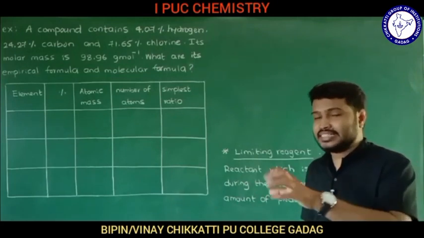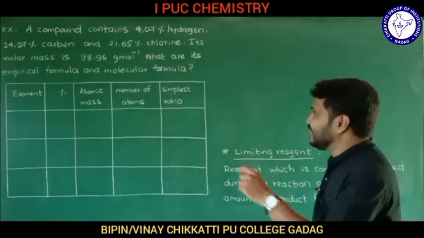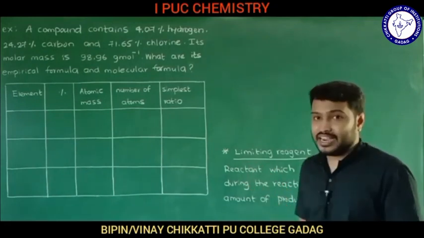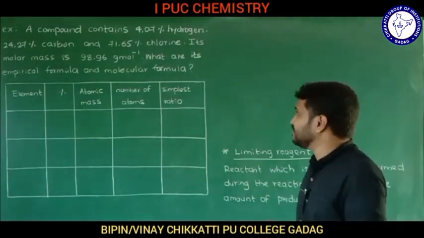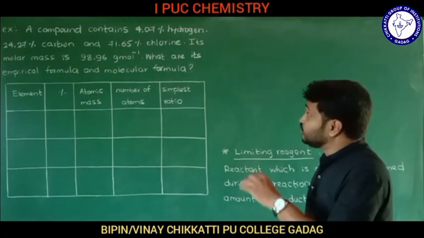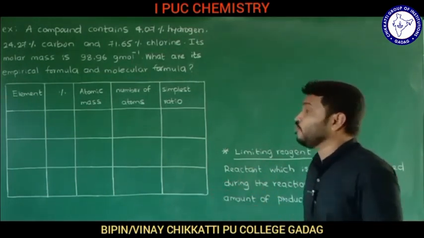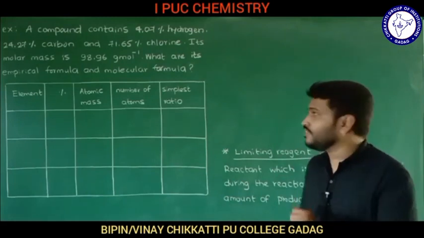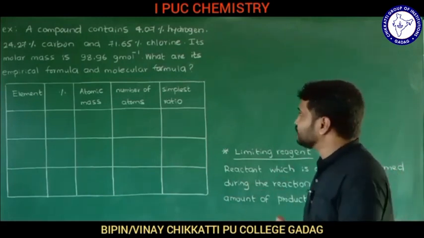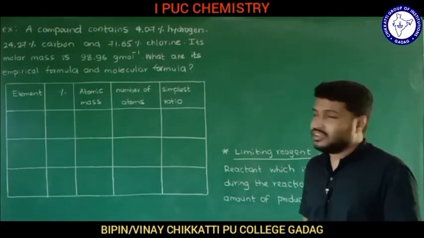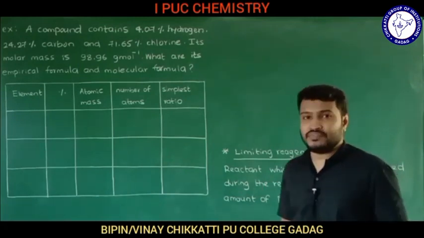The compound has three different elements: hydrogen, carbon, and chlorine, and the percentage composition of each element has been given. Its molar mass is 98.96 grams per mole. What are its empirical formula and molecular formula?